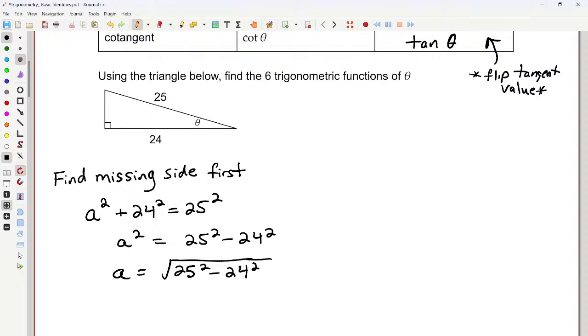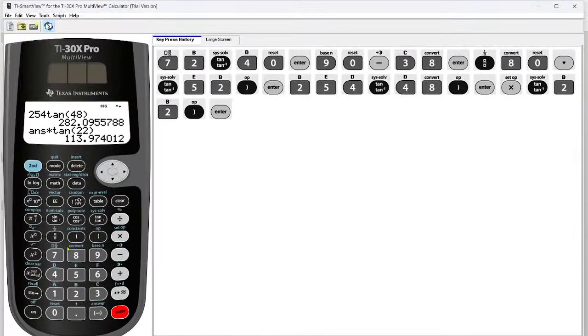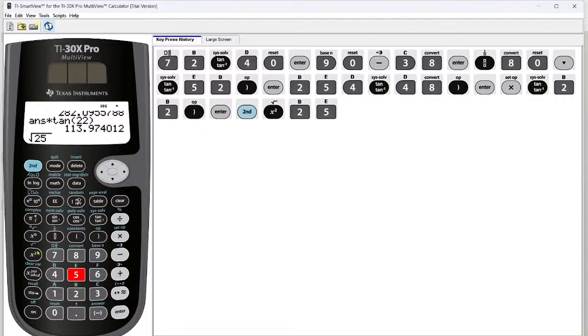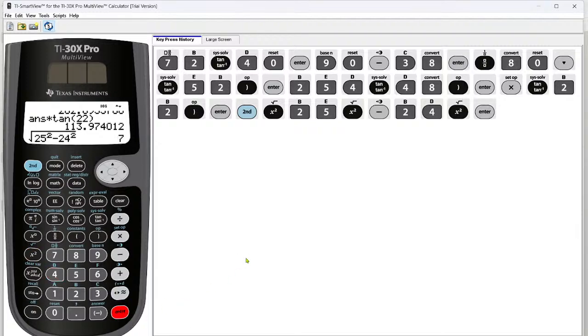I just took the square root of that ugliness. And now I'll use my calculator. Square root of 25 squared minus 24 squared. And I get 7.